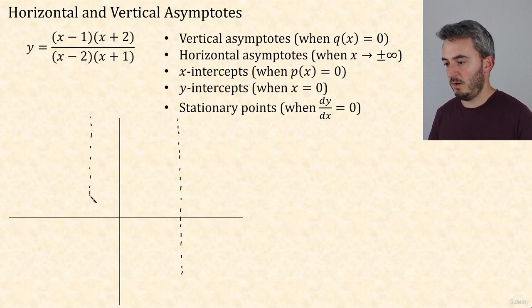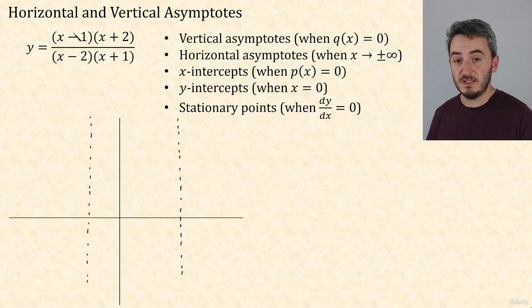Now let's think about our horizontal asymptotes. In this one, as x tends to infinity, we've got a quadratic with the leading term of x squared over another quadratic with a leading term of x squared. As x gets really, really big, all of the stuff that isn't x squared becomes proportionally irrelevant.